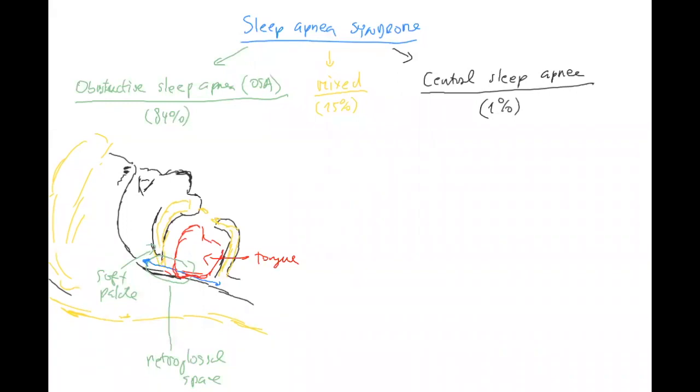The problem is loss of tone in the airway. Sometimes this worsens with allergies or enlarged tonsils, for example. So obstructive sleep apnea is about blockage and narrowed airways.